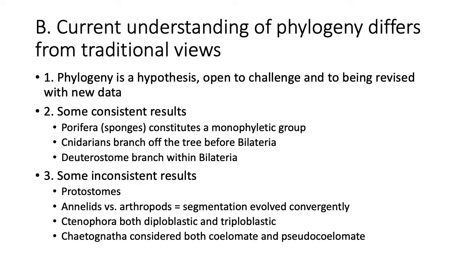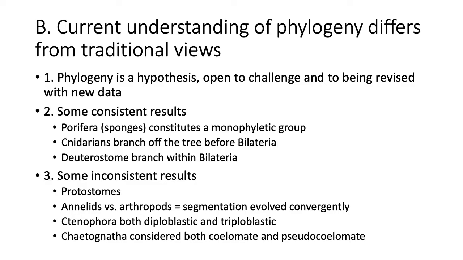Based on their characteristics, we thought they were monophyletic, but now with genome sequencing, we've confirmed, yep, they're a monophyletic group. Cnidarians, jellyfish, branch off from the tree before the bilateral organisms, Bilateria, and that's consistent. Deuterostomes branch within our Bilateria branch, if you will.